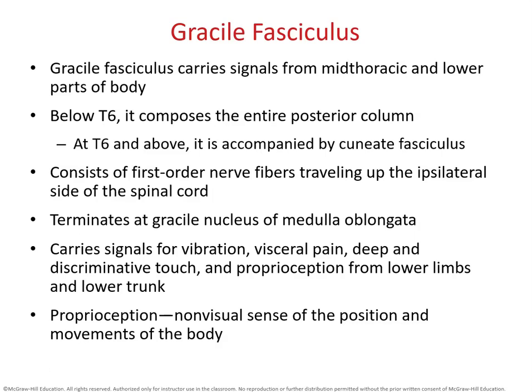These are first order nerves. They're taking information from the body to the spinal cord, and then they terminate at the gracile nucleus of the medulla oblongata. These nerves carry different signals: vibration, deep touch, being able to tell the difference between hot and cold, visceral pain, and proprioception, or understanding the relative positions of our lower limbs and lower trunk.